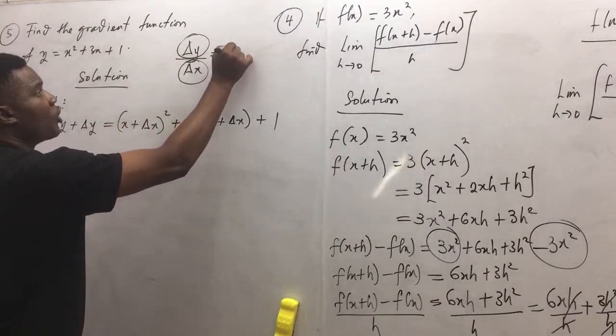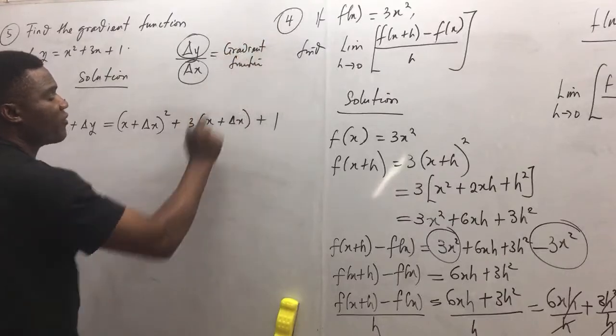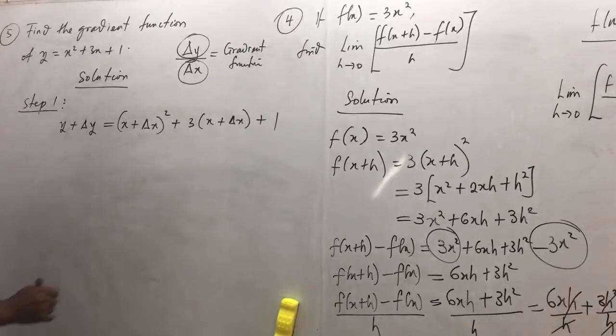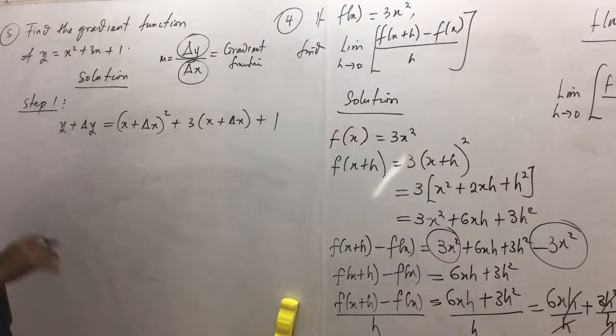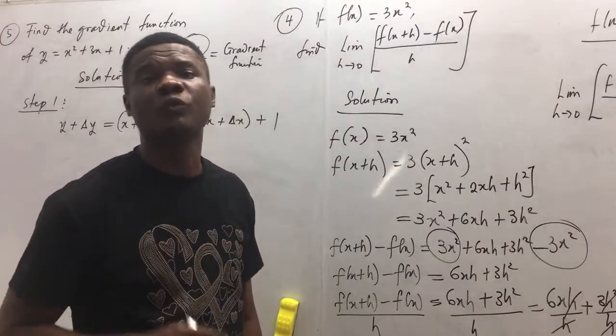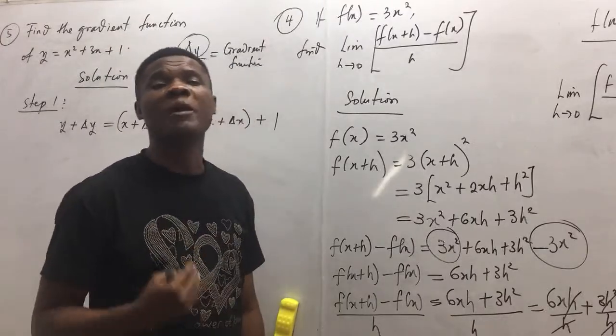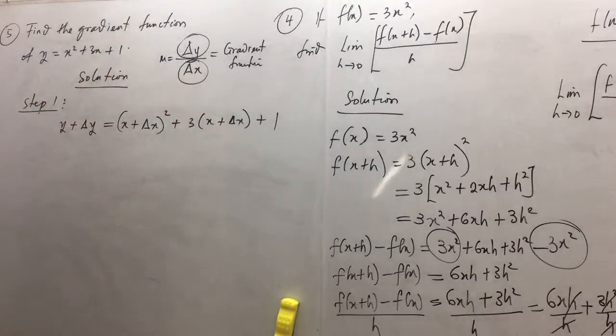This ratio is called the gradient function in this case, under derivatives of the function. Please take note, it should not be confused with the gradient. Both of them are almost the same. Gradients would always produce constants, but the gradient function could produce a constant or may produce a function. So please take note, they are similar but not exactly the same.